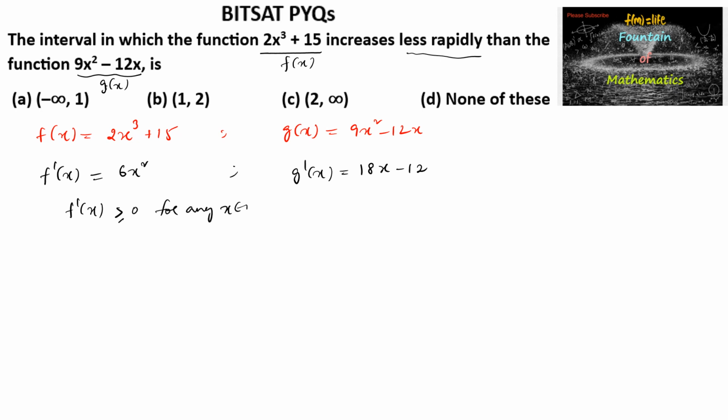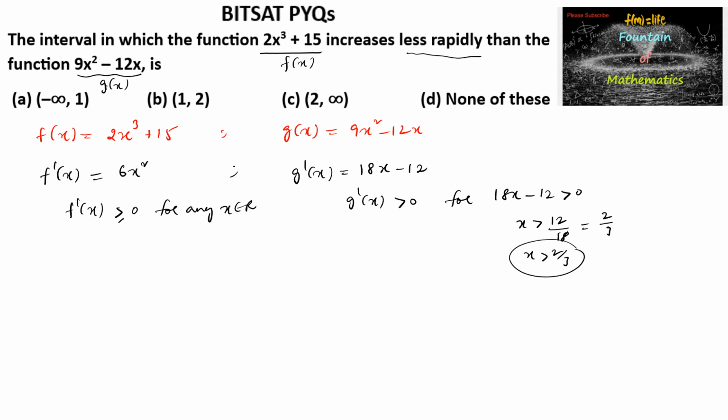And here g dash of x is greater than 0 for 18x minus 12 greater than 0, that is x is greater than 12 upon 18, that is 6 2s are 12, 6 3s are 18, so x is greater than 2 by 3.